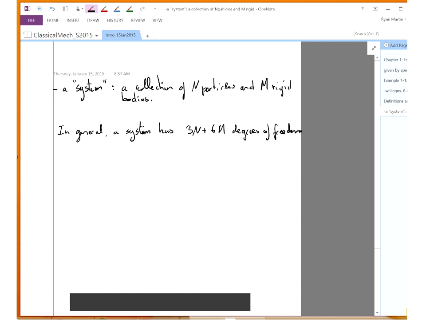Right, so you want to describe a system that's made of n particles and m rigid bodies. Each particle requires 3 coordinates, and each rigid body requires 6. So a system would have, in principle, if there are no constraints, 3n plus 6m degrees of freedom. Okay, so now constraints.